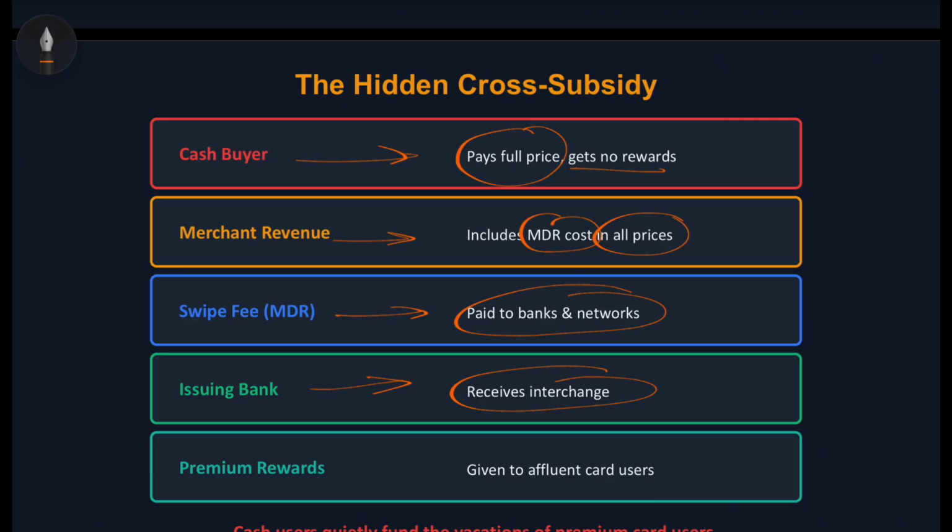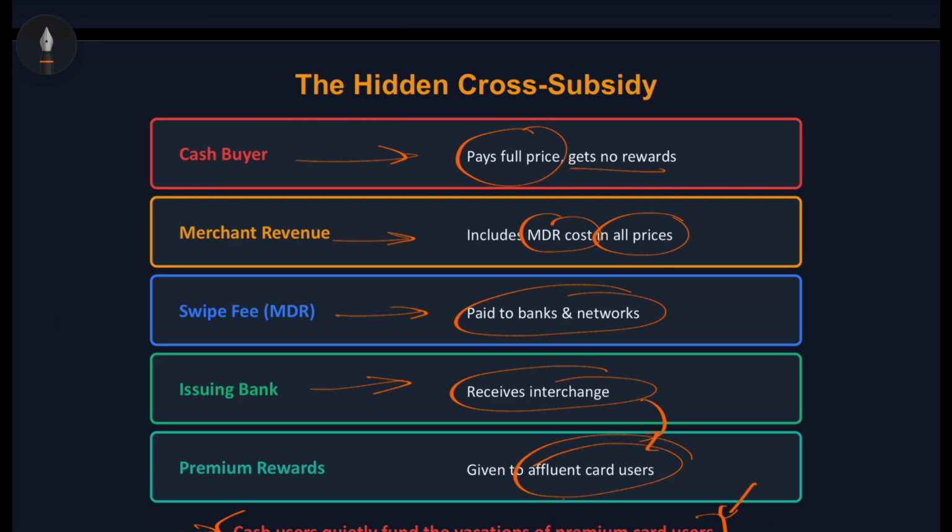Issuing banks collect the interchange, which is the higher portion of that MDR. Then premium rewards are transferred to card holders who have premium cards, right? So basically cash users are quietly funding the vacations of the premium card holders.